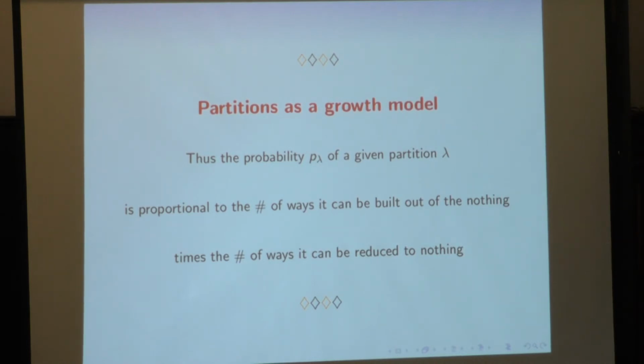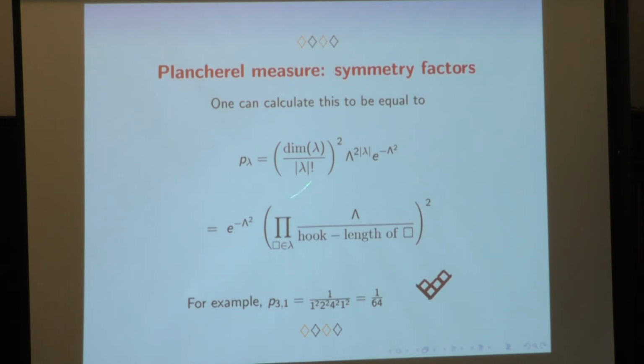If you start with the uniform measure on the group itself and Fourier transform it, you get a measure on the set of representations, which is proportional to the square of the dimension of the corresponding irreducible representation. If you introduce a fugacity for the number of little squares, you get a measure on the set of all partitions. In the way I've written it, it's a normalized measure. The sum over all partitions of this quantity is equal to 1.